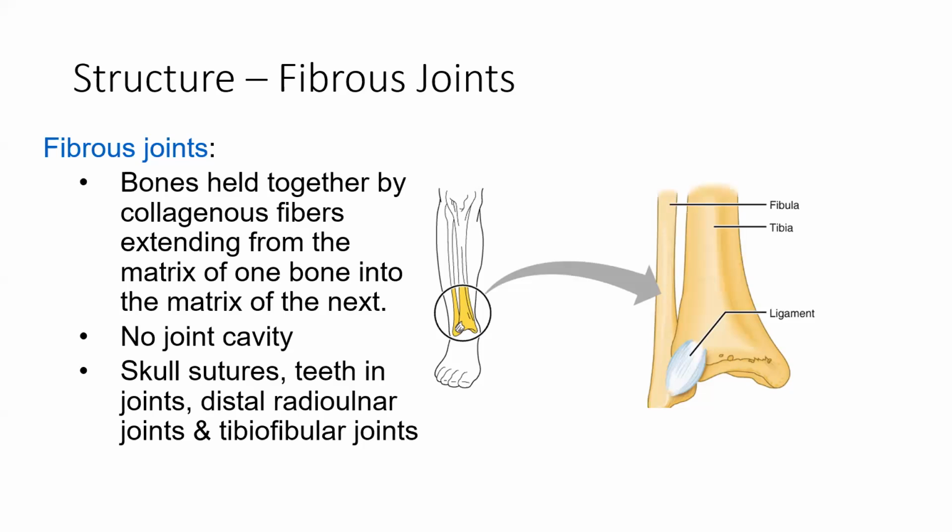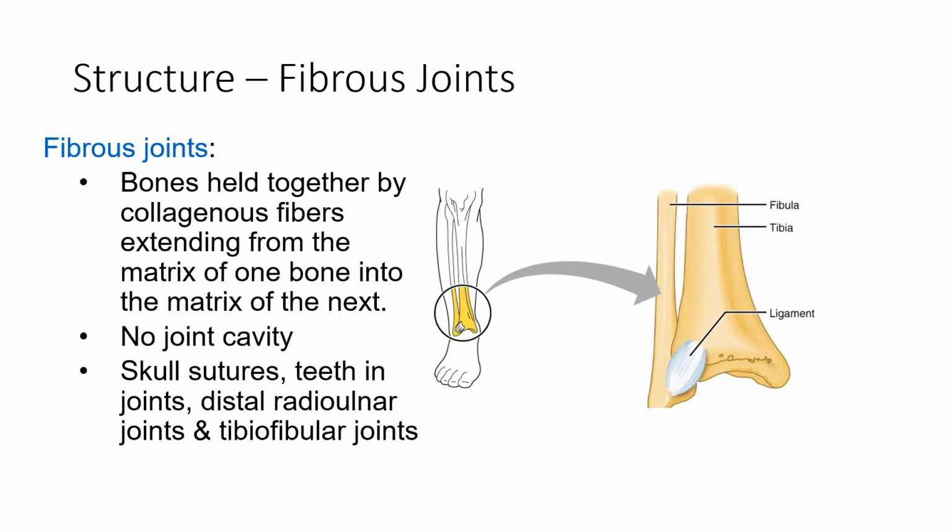The bones are held together by collagen fibers, and this is a little stronger. Collagen fibers are a lot stronger than what we're seeing holding the skull together. It doesn't matter, because the suture lines are the way the bones have come together, and they're not going to move. Again, no joint cavity. The skull sutures and the teeth in their sockets are fibrous joints.